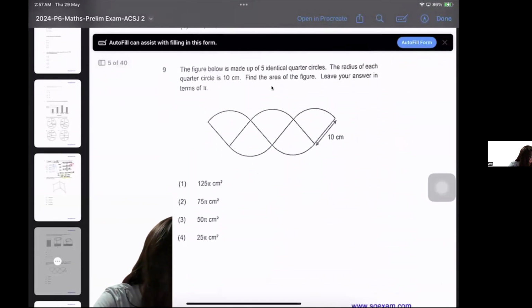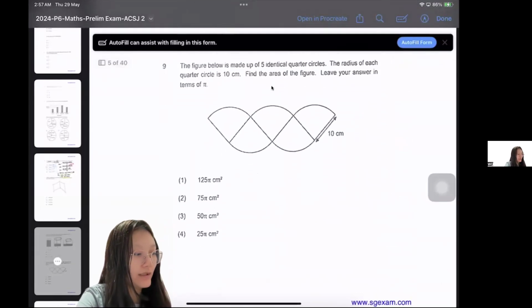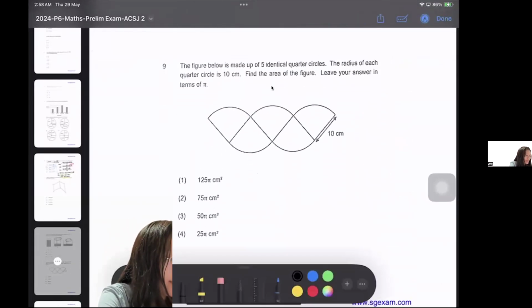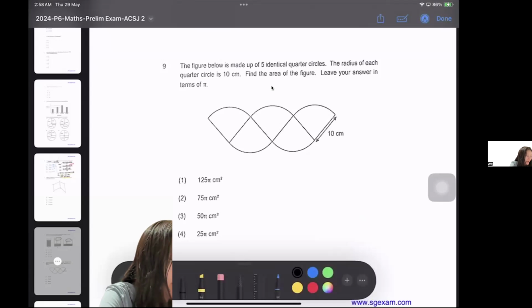This question is about circles. So what you do is basically count the number of quadrants. There are actually 5 quadrants, 5 identical quarter circles. So what you need to do is take the radius, which is 10, and then take the formula of area.